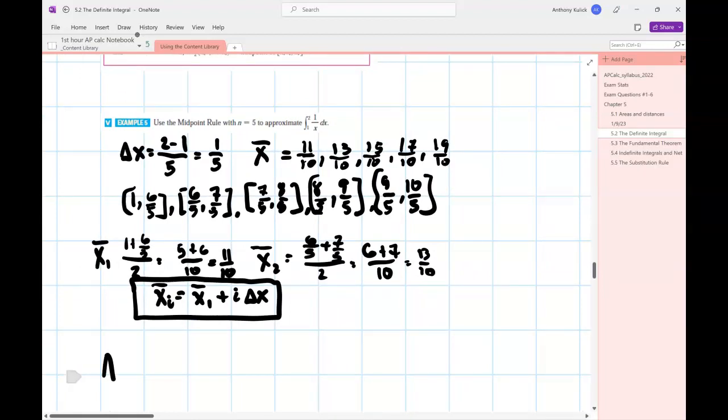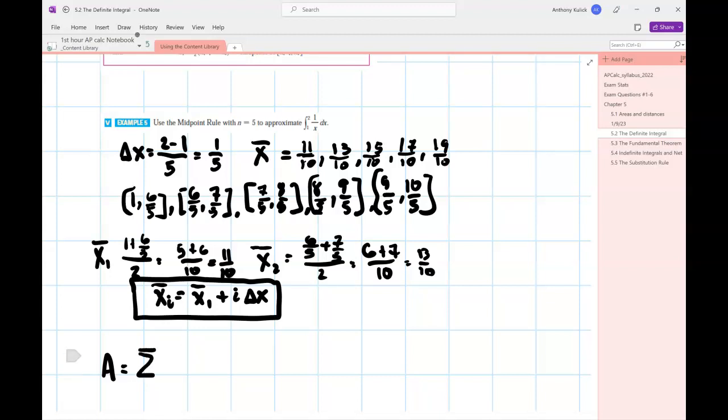So my midpoint rule, my area is going to be base, which is 1/5, or the delta x, times f of... well, let's write it this way.